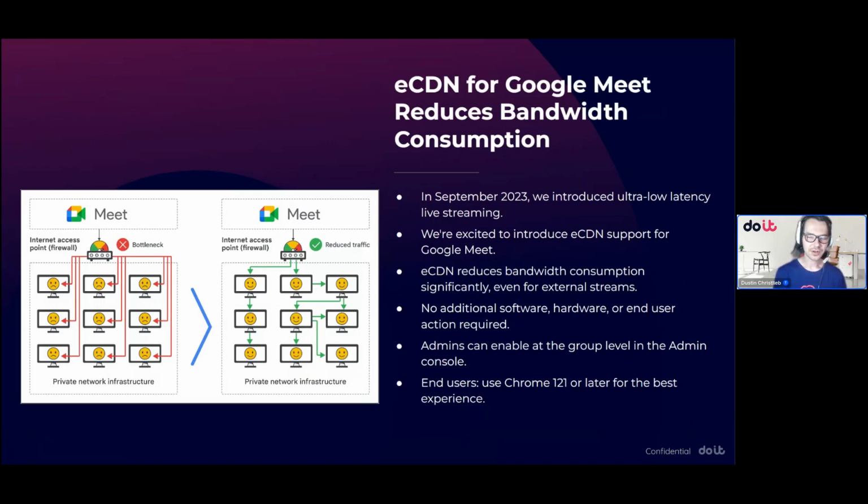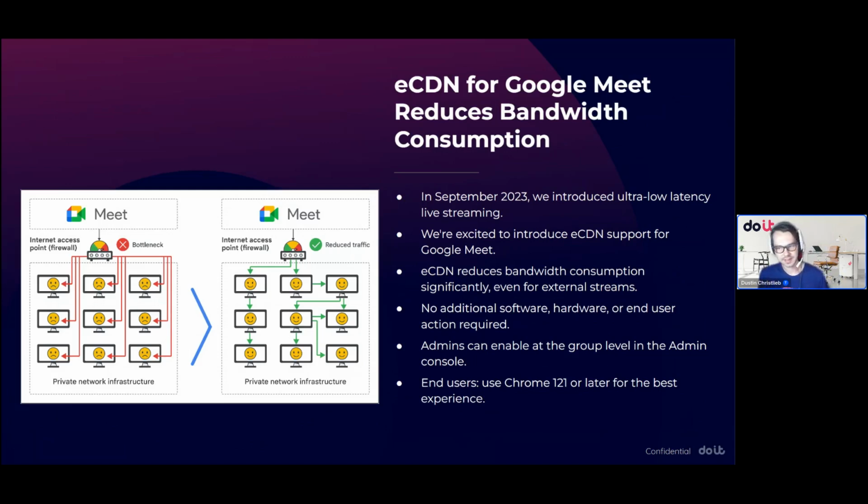This one is also aimed primarily at admins, but is helpful for any large organizations with many Google Meet devices. So with this update, Google eCDN for Google Meet reduces the overall bandwidth consumption.